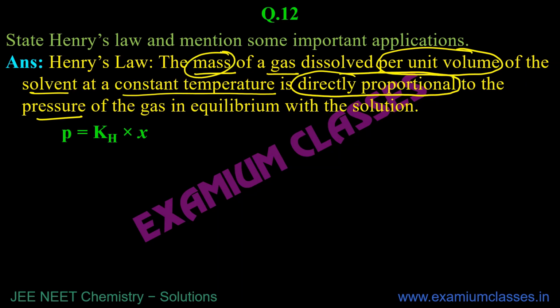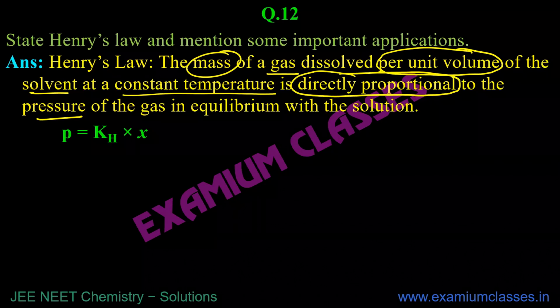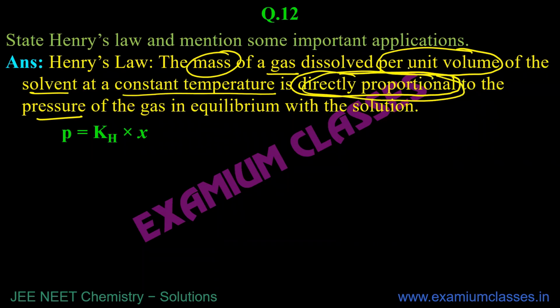We say the mass of a gas means the amount we are talking about. The amount of a gas dissolved per unit volume of the solvent means within the solution is directly proportional to the pressure.